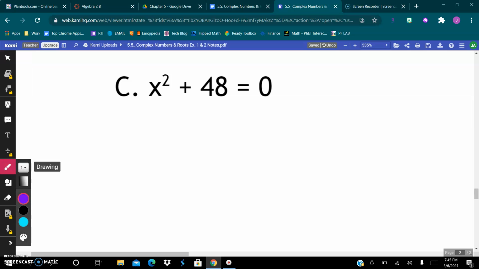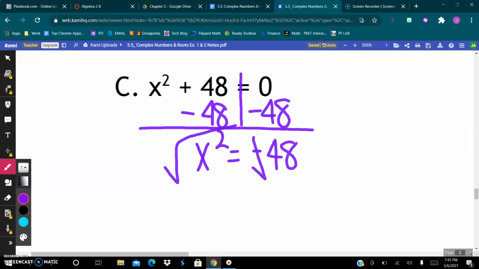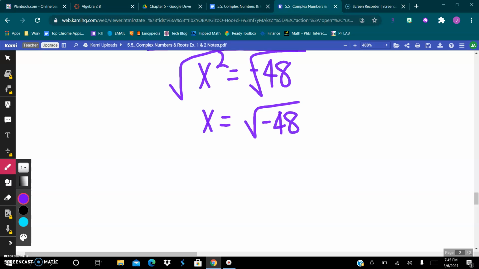Again, we have to isolate the x squared. So we're going to subtract 48 from both sides. So we have x squared equals negative 48. Square root to cancel that squared. So x equals square root of negative 48. And then we're going to break this up. The negative sign is like the negative 1.